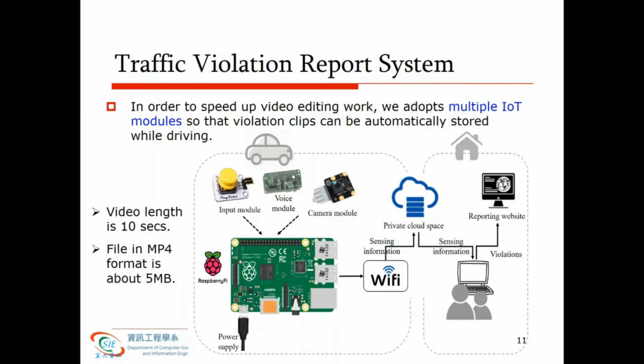This figure is a diagram of our hardware system architecture. It is designed to use a single-chip microcomputer, Raspberry Pi, and the IoT modules such as the input module, camera module, and voice module are connected with the Pi, and this device is placed in the car.